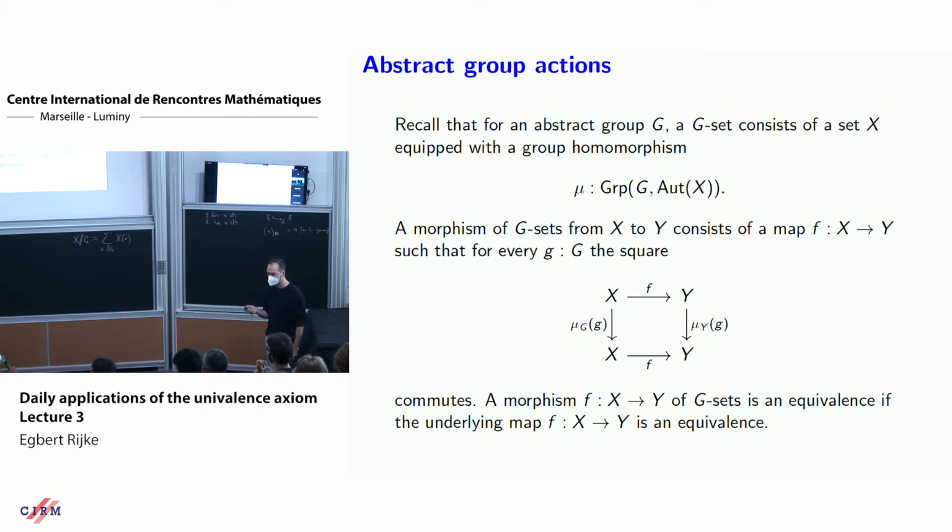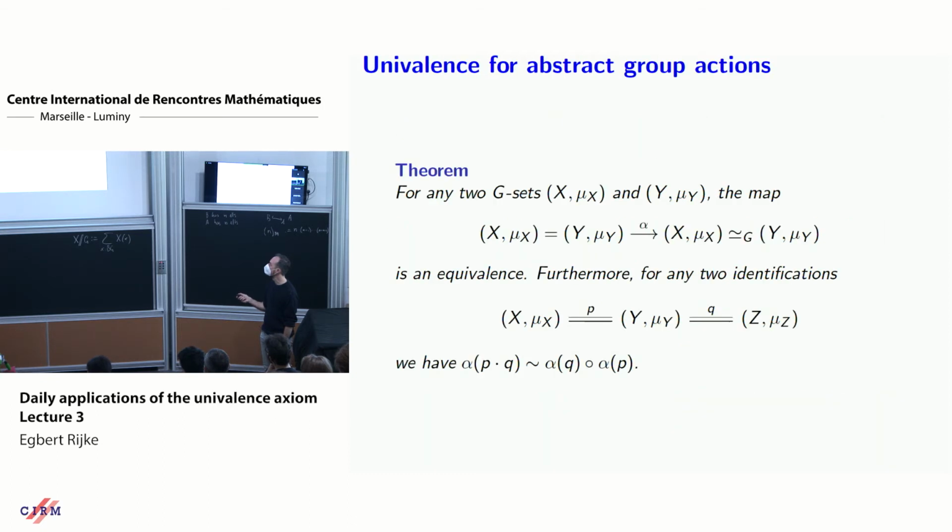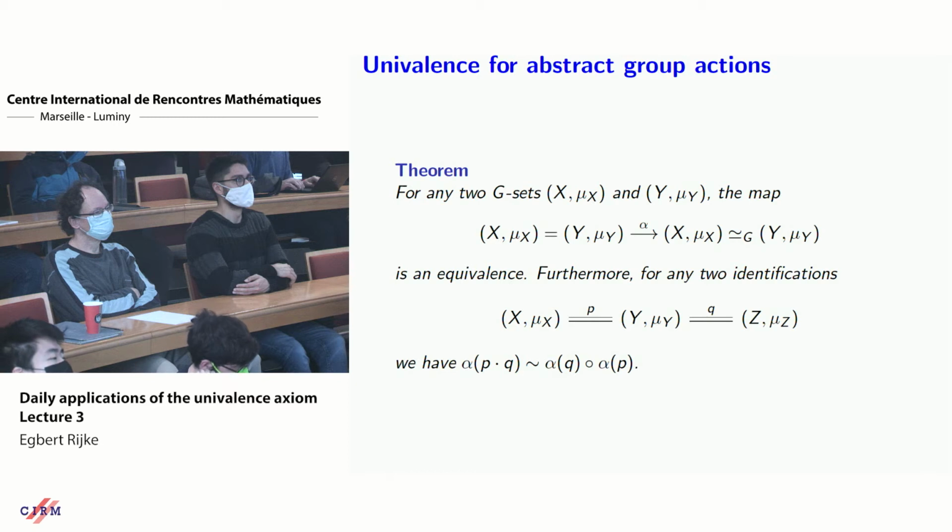And when you define a notion like this in type theory, when you introduce it, the first thing that you do with it always is to characterize its identity type. Always. In homotopy type theory, you have to do it. So here, if we want to do univalence for G-sets, we're going to need this notion of equivalences of G-sets. So that's this theorem.